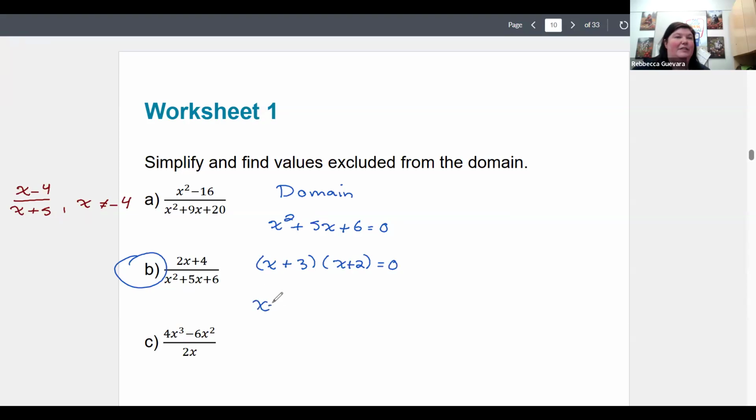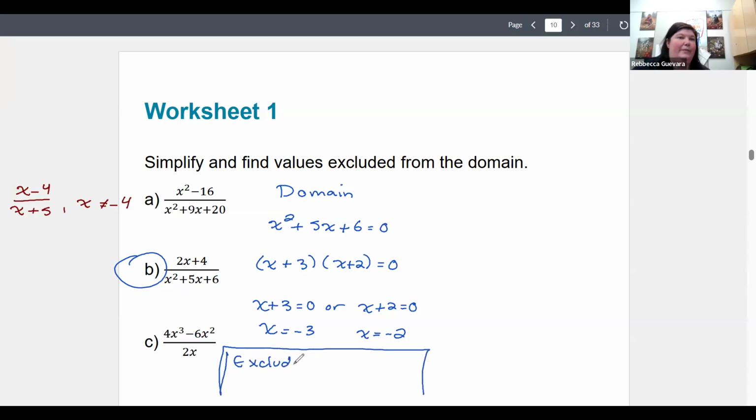So either x plus 3 equals 0 or x plus 2 equals 0. So we don't want x to be negative 3 or negative 2 because if x is negative 3, then my denominator is 0. If x is negative 2, my denominator is 0. So the values that we have to exclude from the domain will be negative 3 and negative 2.